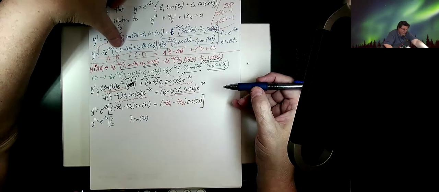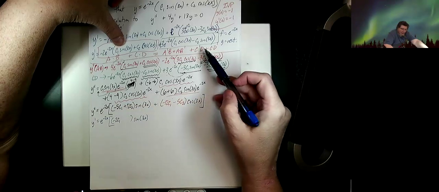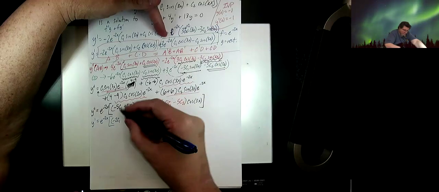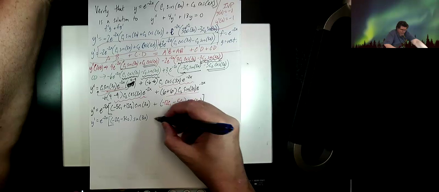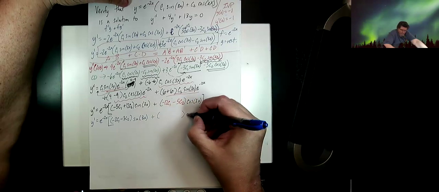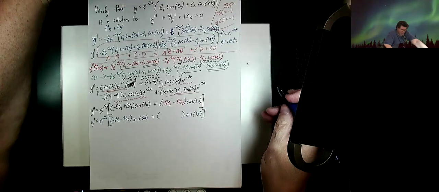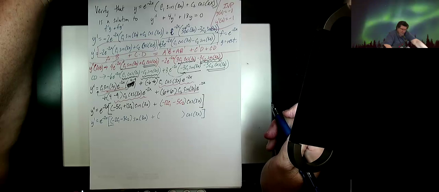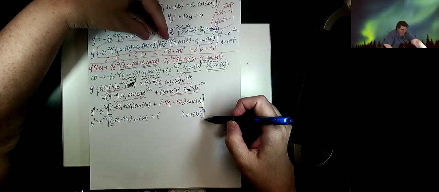I have -2c1 and -3c2. And now we're looking at the cosine 3x here.